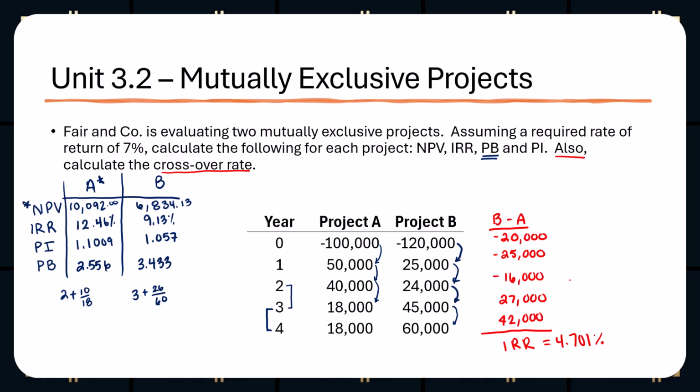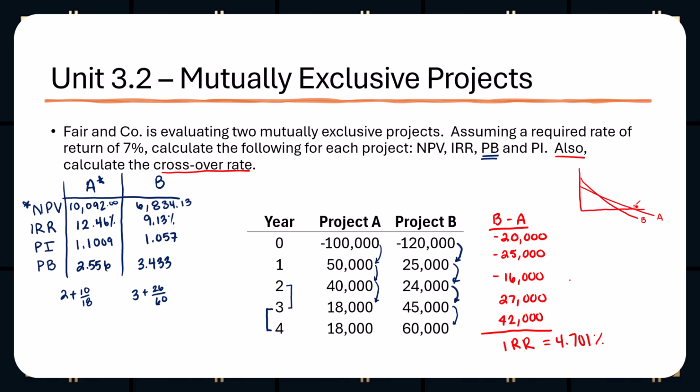Now, what we can learn from that information is that we're going to have two profiles. We can build these in Excel, of course, but we're going to have a profile for project B, and then we're going to have a profile for project A. And I drew this knowing the information that I have over here on the left-hand side of the screen.